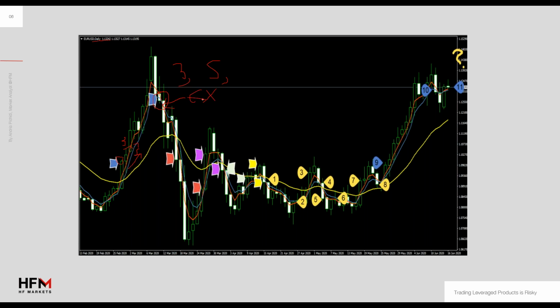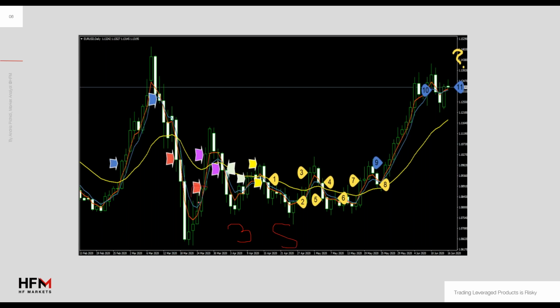As soon as you see the 3 crossing below the 5, that is in case you are in a long position. If you are in a short position and you have taken an entry once the market closed below the 21 moving average, then you can exit the market as soon as you see the 3 exponential moving average crossing above the 5.